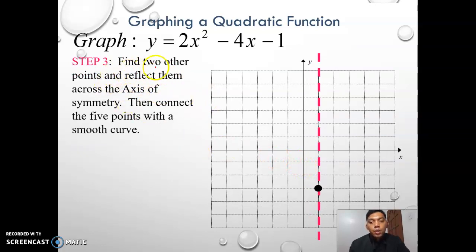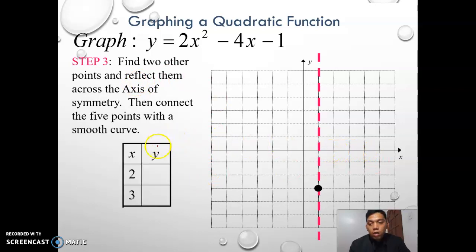In finding the 2 other points, you can actually choose any value for x. Usually I use the positive. In this case, we're going to use 2 and 3. To get the y, simply substitute it here. For x equal to 2, y is equal to 2 times 2 squared, so this is actually 8, minus 4 times 2, that's 8.